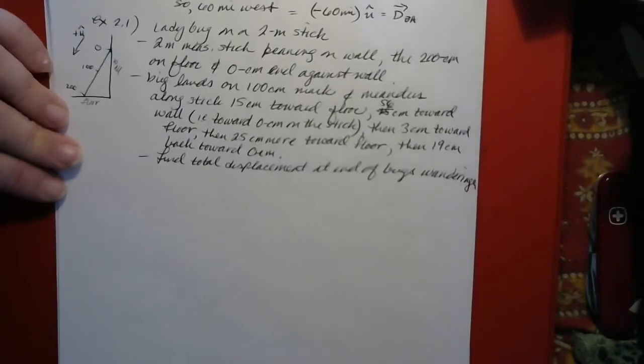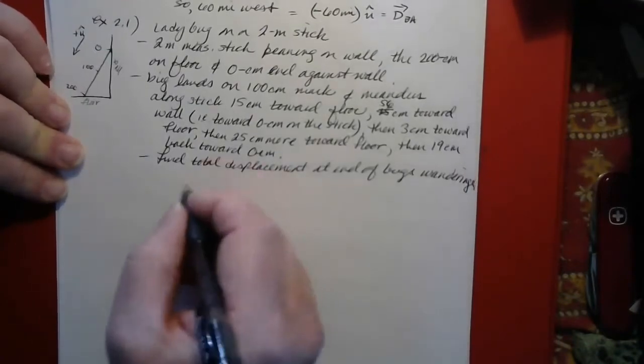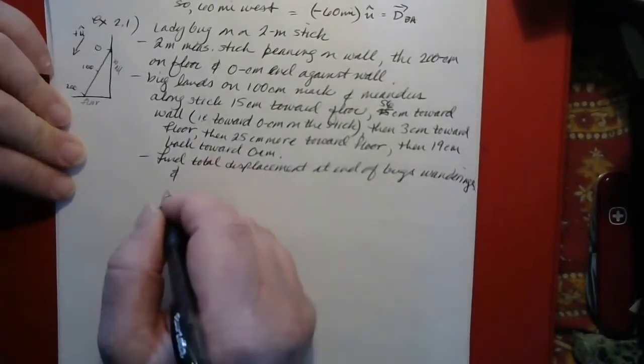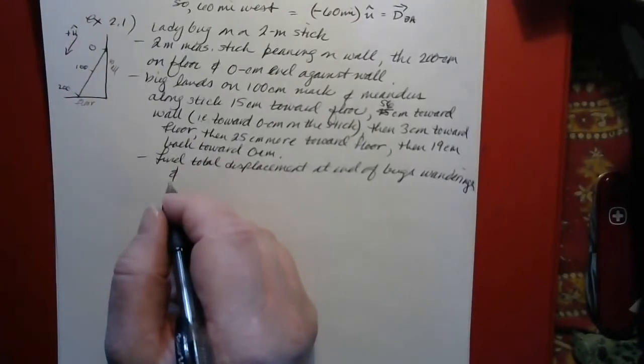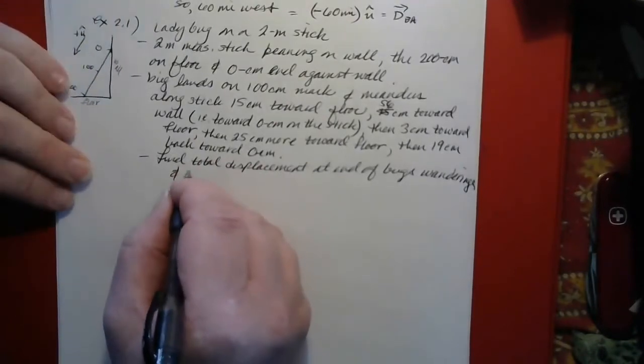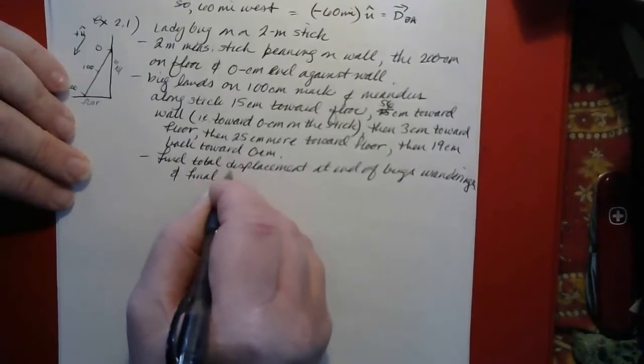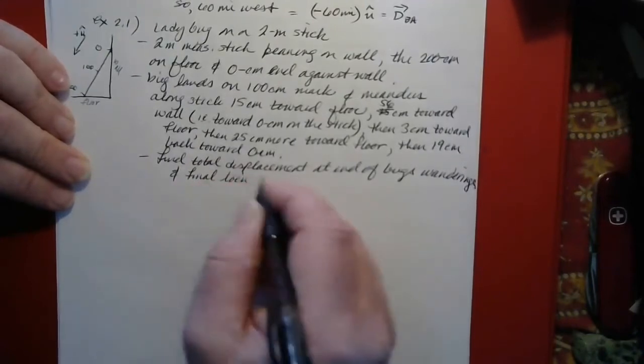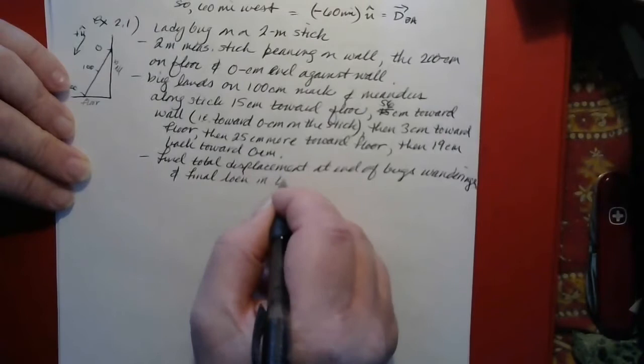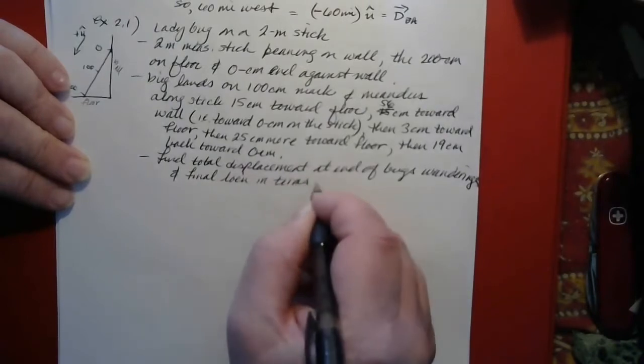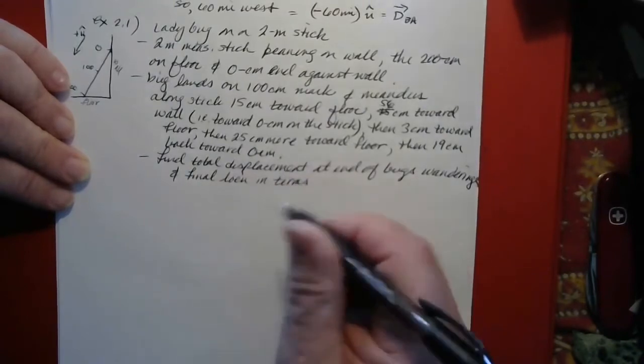Find out where it ended up. You want the total displacement at the end of the bug's wandering and its final resting place in terms of the numbers on the measuring stick. So I'll say the final location in terms of the numbers on the stick.